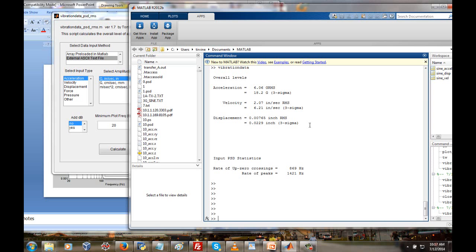So this shaker test system has limits in terms of acceleration, velocity, the stroke limit for displacement, and there's also force pounds limitations. And there's also limits for current and voltage and temperature as well.